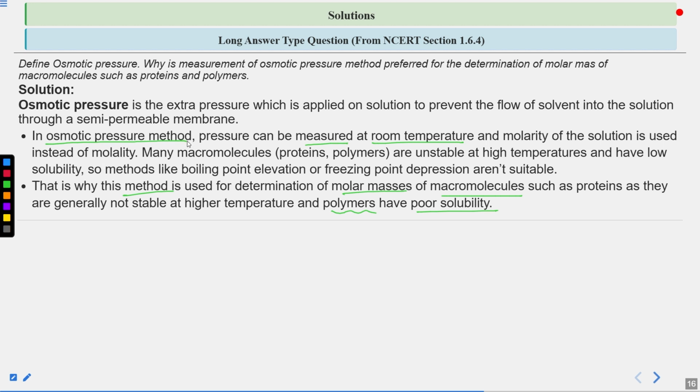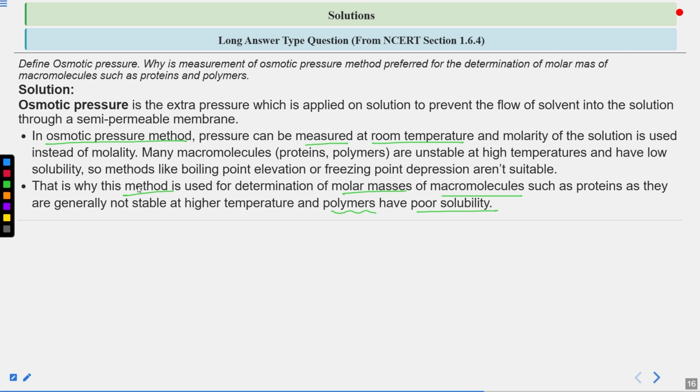That's why we prefer the osmotic pressure method for determining the molar mass of macromolecules like proteins and polymers. This is the correct explanation for the given question. As I said, you can explain it or add one or two more points as per the requirement.